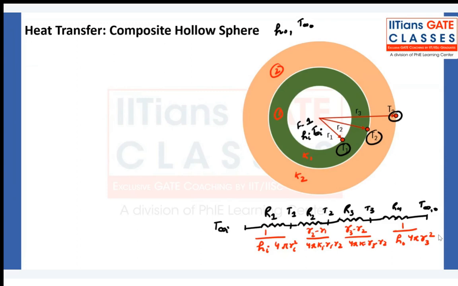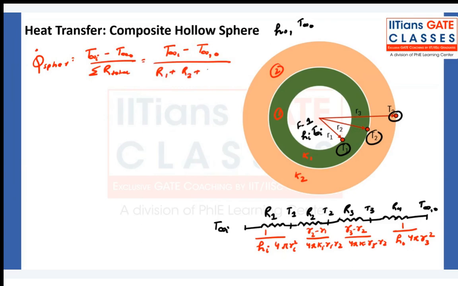Now I know everything here. How can I calculate heat transfer through the sphere? Q is equal to (T infinity in minus T infinity out) over the summation of total resistance, that is R1 plus R2 plus R3 plus R4. And to satisfy the steady state condition, I can take any one temperature difference, whatever I want.